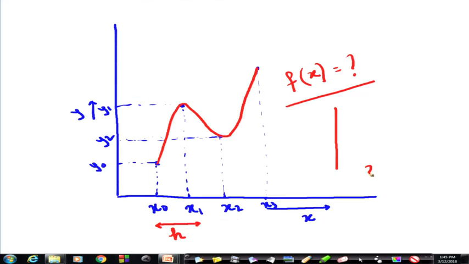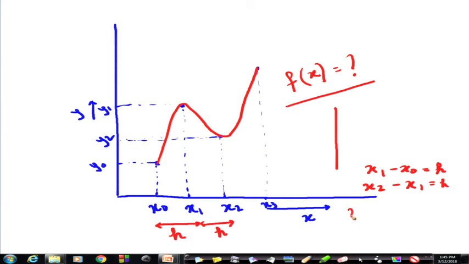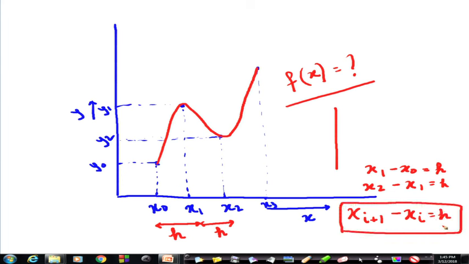So, I can say x 1 minus x 0 is some value h, x 2 minus x 1 will be the same h. Usually we represent that in order to see, for a fixed incremental increase of the independent variable, how much the dependent variable varies. Okay. So, I can say in general x i plus 1 minus x i is equal to h, right. This is typically how we write.